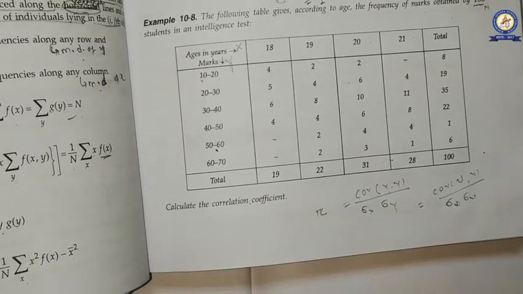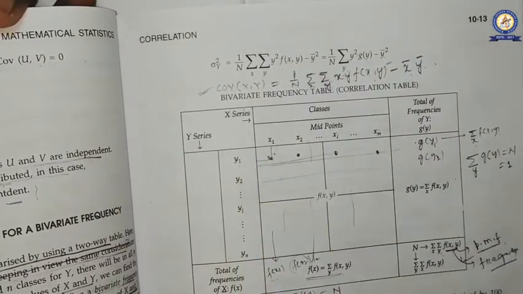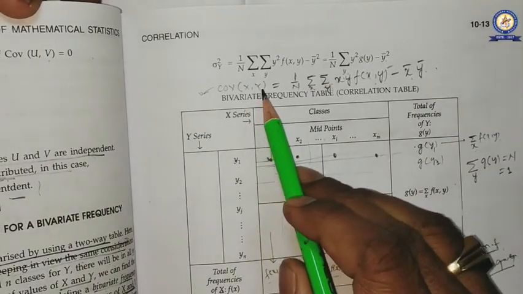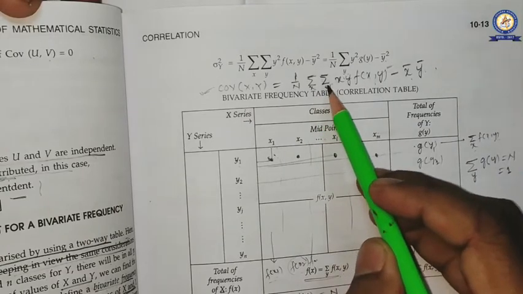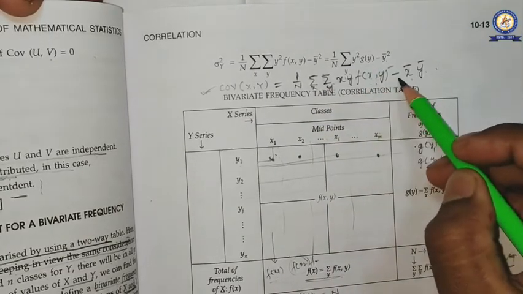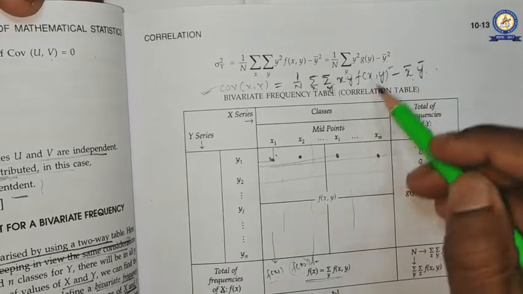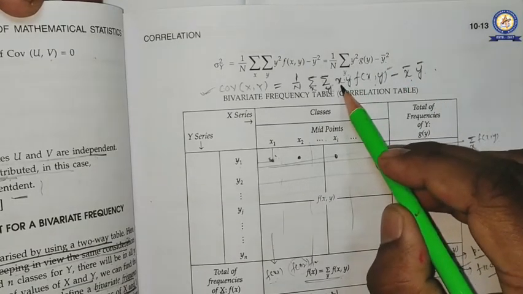As we saw in our last class, for the frequency distribution case, the covariance of two random variables x and y will be represented as 1 by N, summation over x, summation over y, of x y times the frequency of x y, minus x mean and y mean. If x and y transform to u and v, then instead of x and y we have to write u and v.